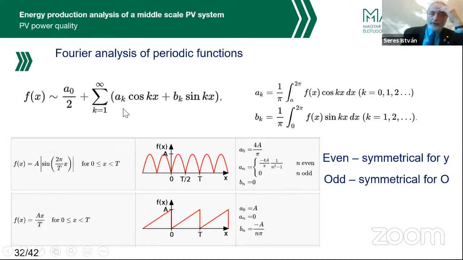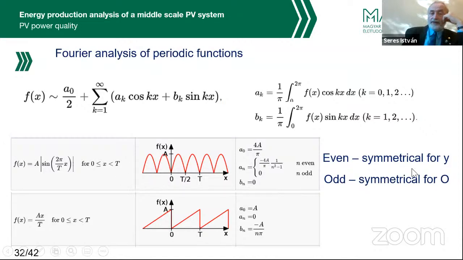What we see is that I have to multiply the x by whole numbers. If the x is a given frequency, then I have the multipliers of x. So I have the harmonics. In this way, we can set up the spectra of any periodic function.